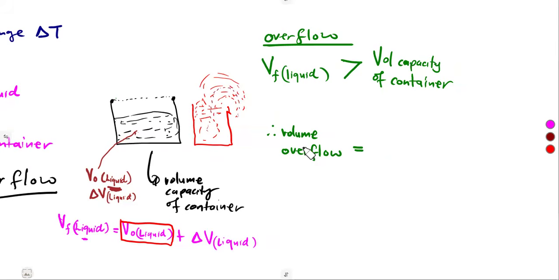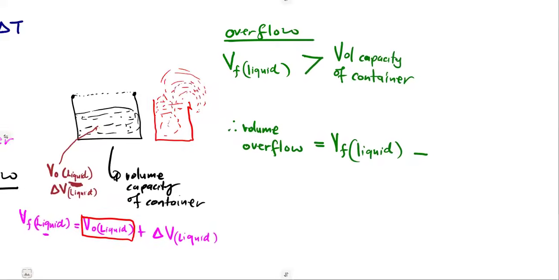is our overflow. So meaning to say, I'm just going to write in short: the final volume of liquid minus the volume capacity of container. So this will be the idea. You have to subtract what the container carries.